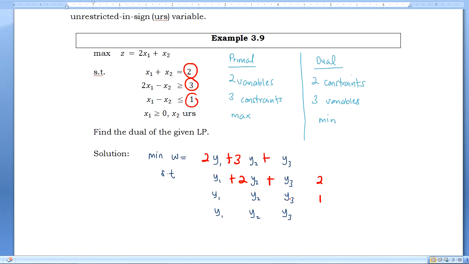And for the second constraint, the coefficients come from the coefficients of the second variable in the primal. The second variable in the primal has coefficient 1 in the first constraint, negative 1 in the second constraint, and negative 1 in the third constraint. So we write 1y1 minus 1y2 minus 1y3.